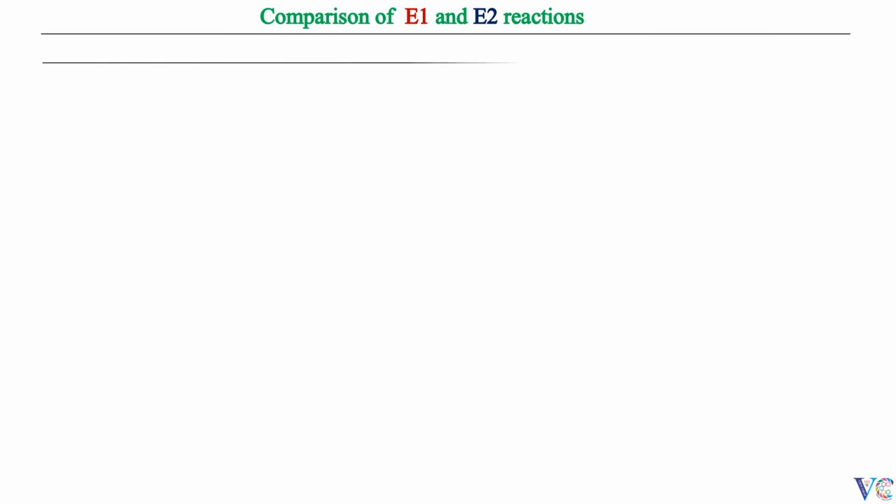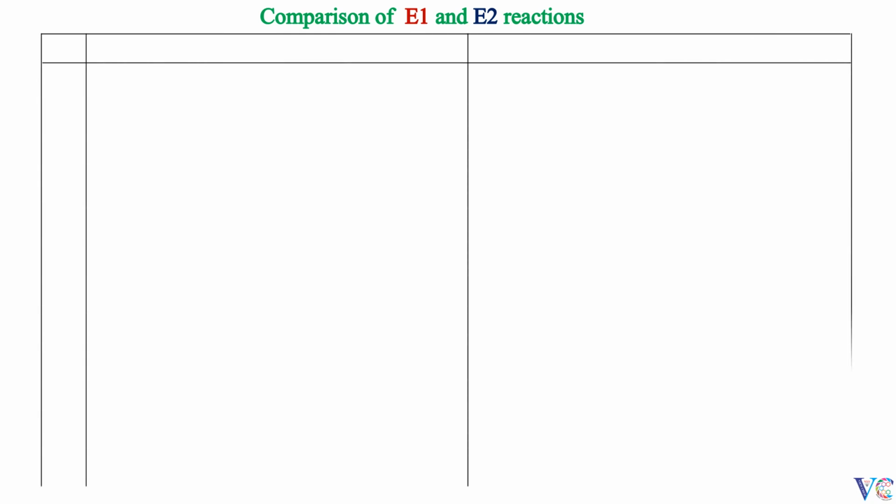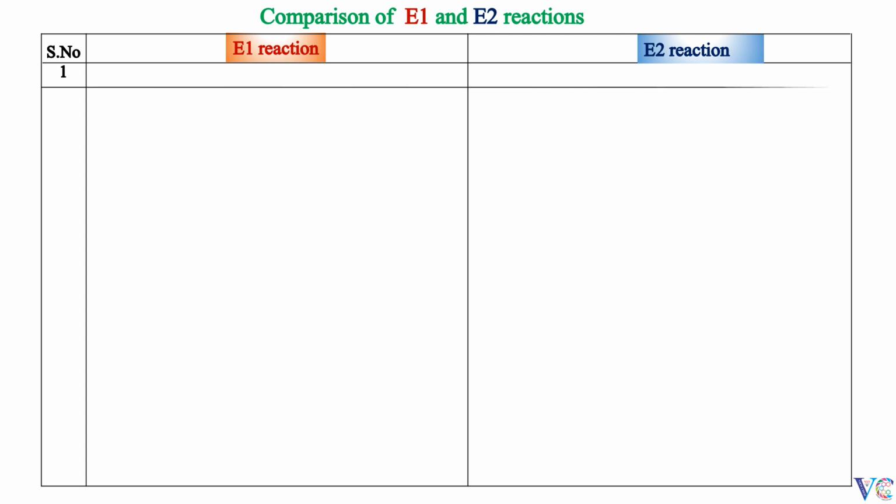Comparison of E1 and E2 reactions. E1 is a unimolecular reaction, while E2 is a bimolecular reaction.